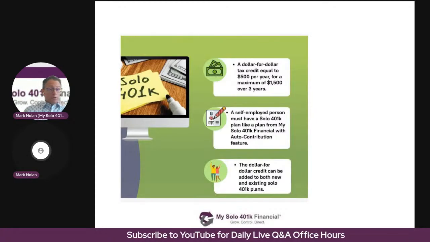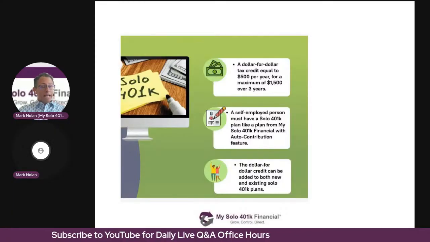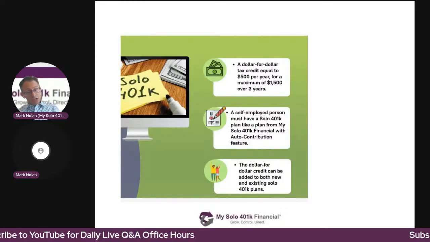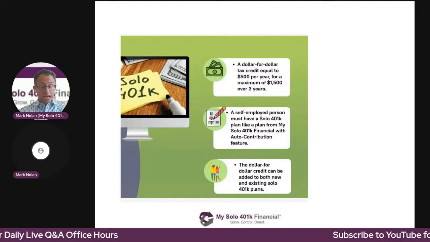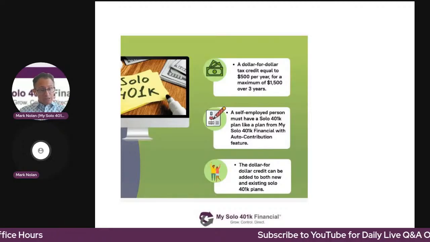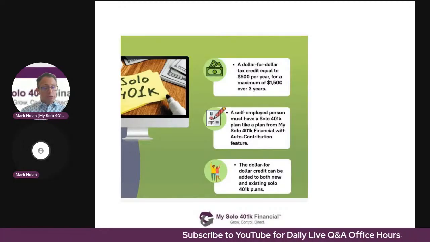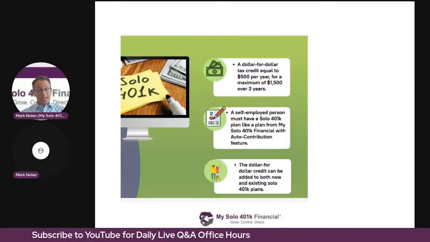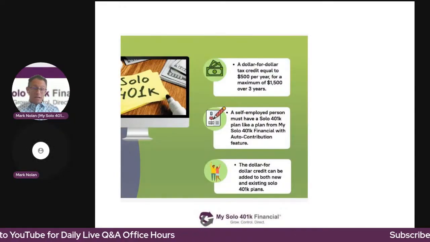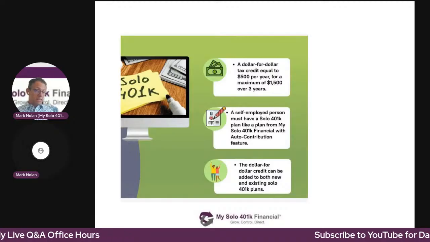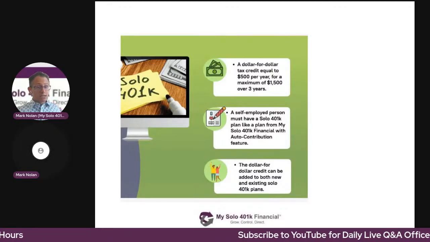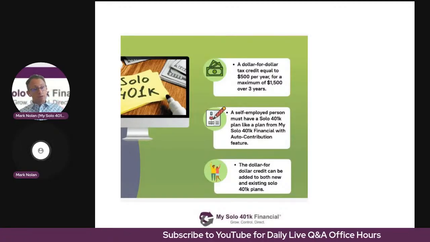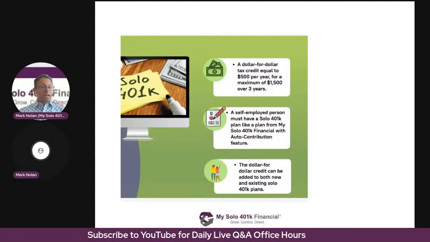And a self-employed person must have a solo 401k plan from a provider, such as my solo 401k financial, whose plan document is drafted to include the auto contribution credit feature along with the necessary schedules that you have to sign. It's a dollar for dollar credit, and we can add that even to existing clients, or in your case, to your plan once you convert it over to a plan from my solo 401k financial.